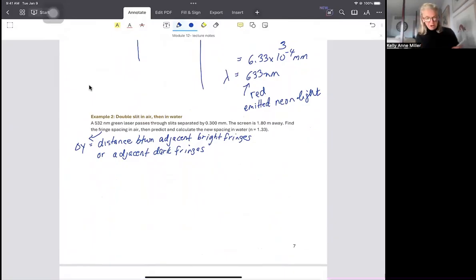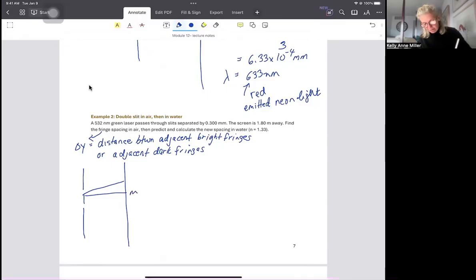All right, so let's draw it. Let's say I've got my two slits, and I've got my screen over here. I want to know the distance between two adjacent bright fringes.